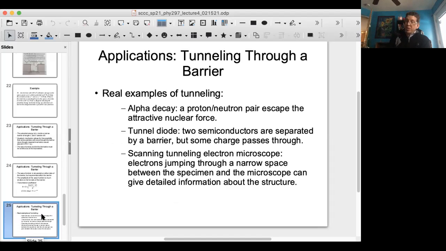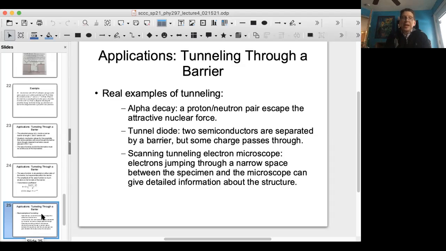There are some real life examples where some version of tunneling does exist. The most obvious example is alpha decay. Some radioactive substances emit a proton and a neutron together that escape the attraction of the strong nuclear force, and escape the nucleus and the atom.